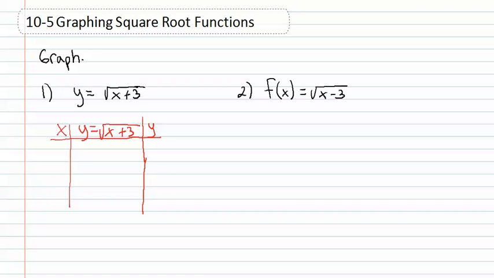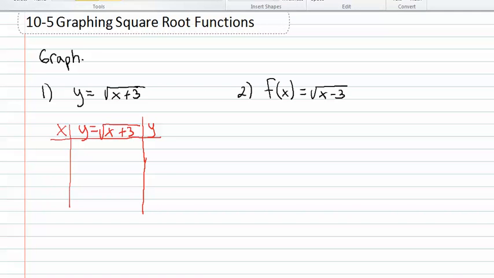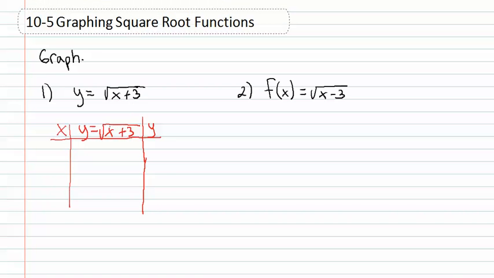And the best way that I like to start this off is I like to look at whatever's inside the radical symbol, and make it a 0. So I want to get this inside this radical to be equal to 0. Well, something plus 3 is 0. What is that something plus 3?